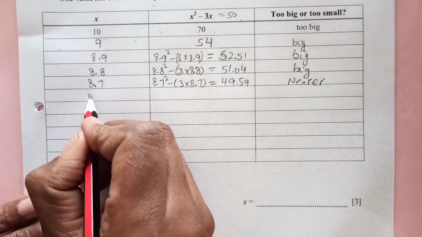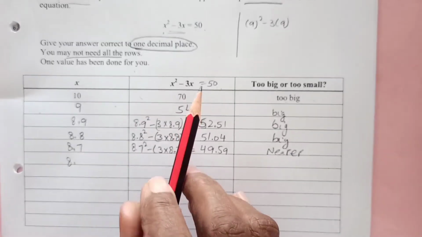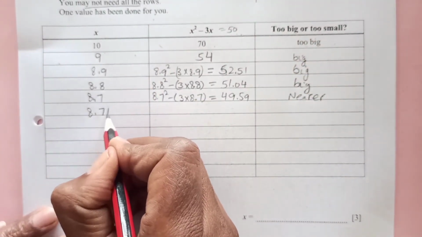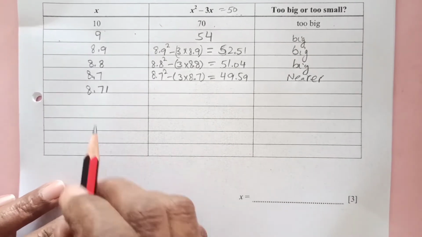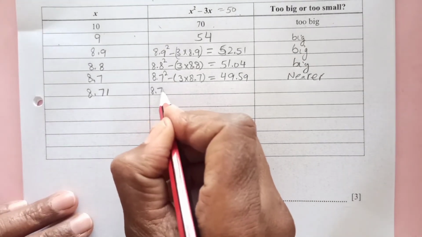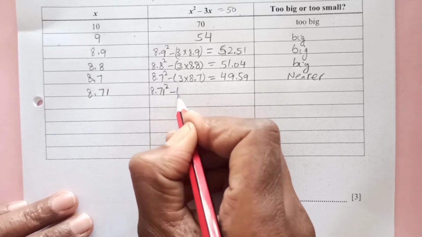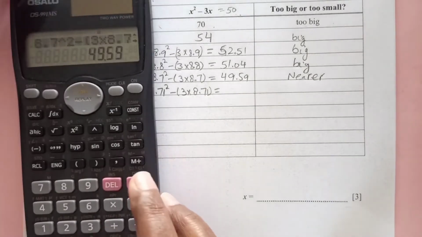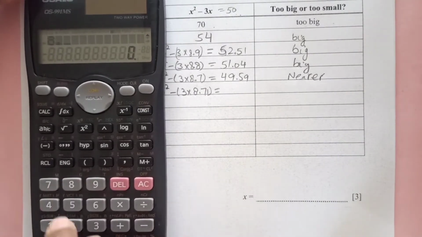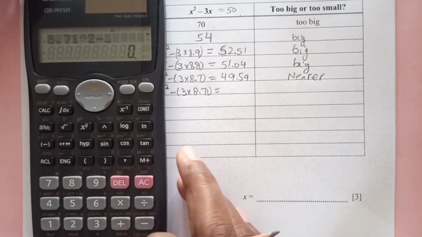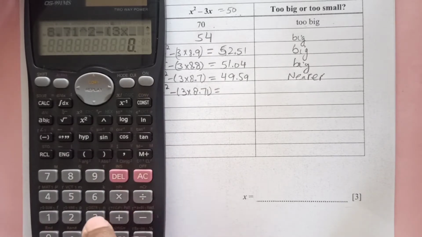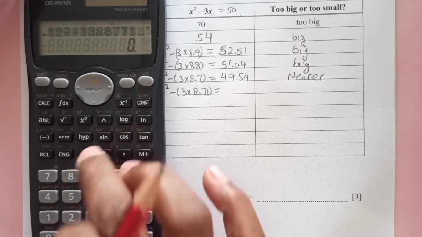So if we are looking for one decimal place, you need to have two decimal place answers, and then we can move further. So let's see what it will be if it is 8.71, 3 times 8.71. 8.71 to the power 2 minus, sorry, we should put brackets, minus, in brackets, 3 times 8.71.